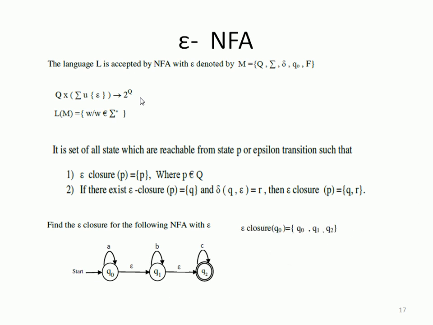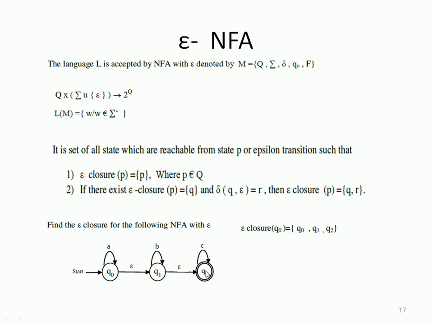One such example we can glance at here: start at q0, on input a, and on no input, that is epsilon, it goes to q1; on input b it remains in the same state; and on epsilon, no input, it goes to state q2, which is a final state.